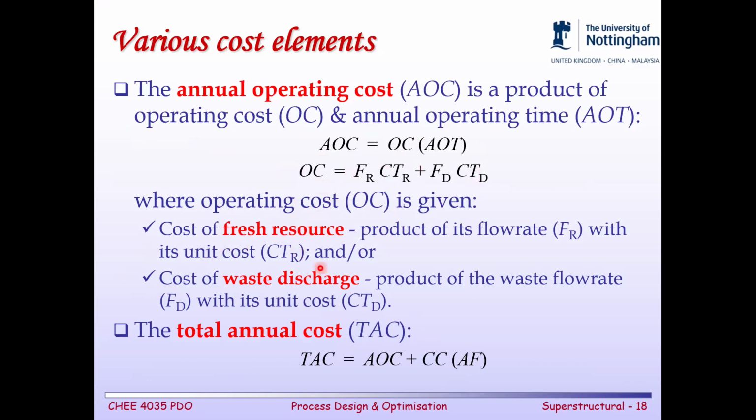Okay, so this is how we look at the annual operating cost. Finally, to calculate the total annual cost, you have to add the annual operating cost with the annualized capital cost. Okay, so that's the capital cost times the annualizing factor.